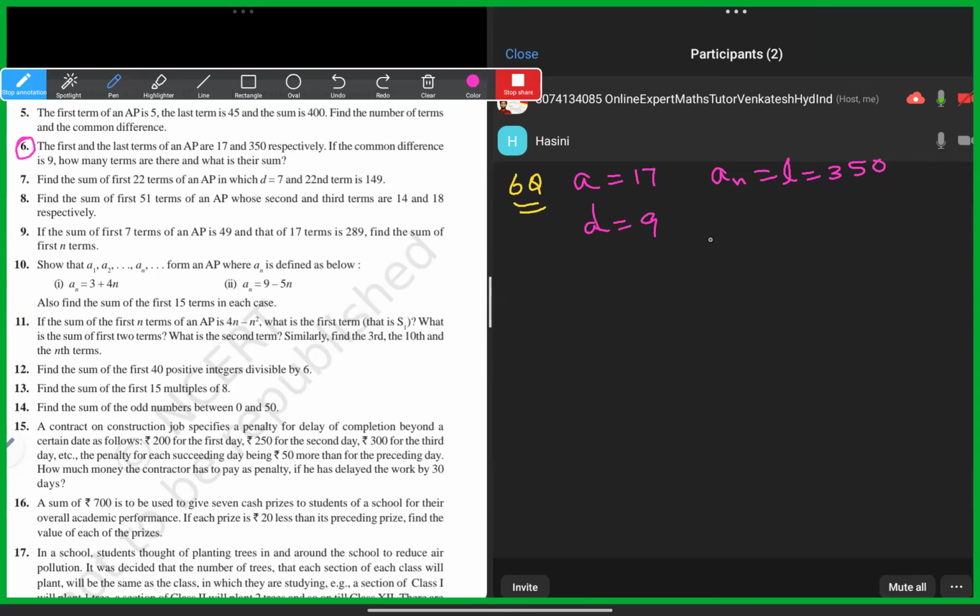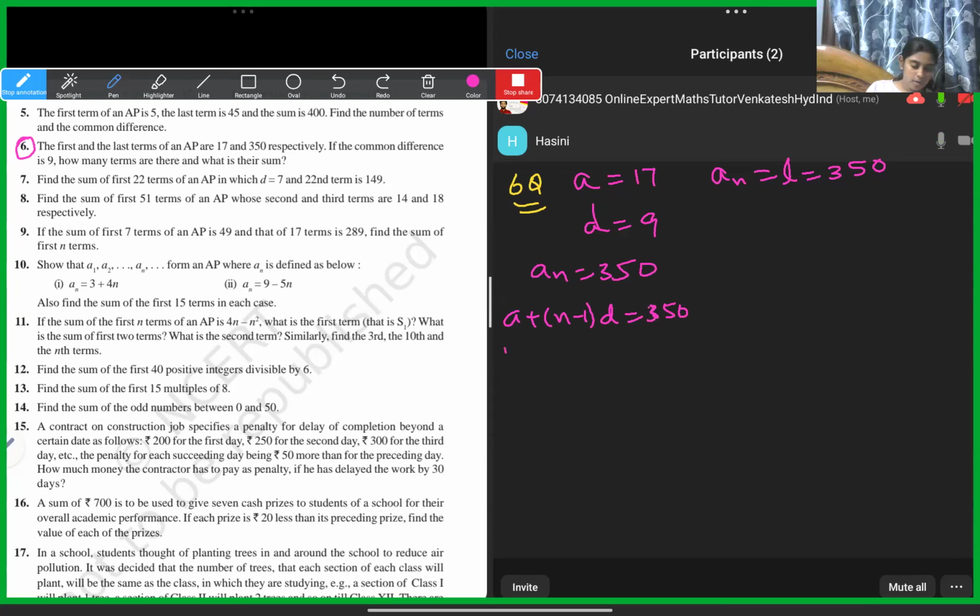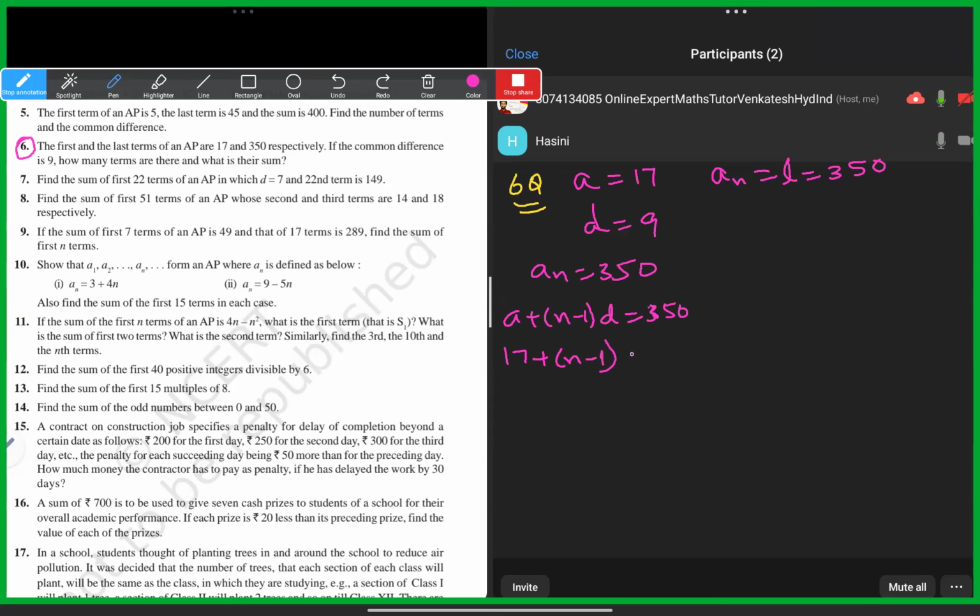Now, Hasni, they said how many terms are there, so which formula can we use? If I use the an equation, an is given as 350, and its formula is a plus n minus 1 into d. So a plus n minus 1 into d is equal to 350. a is 17, plus n minus 1 into d, d is 9, is equal to 350.